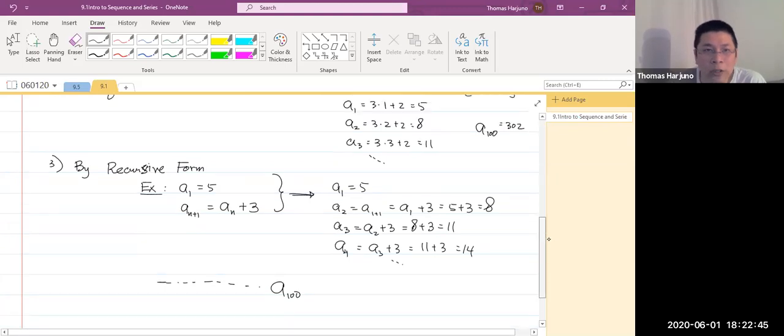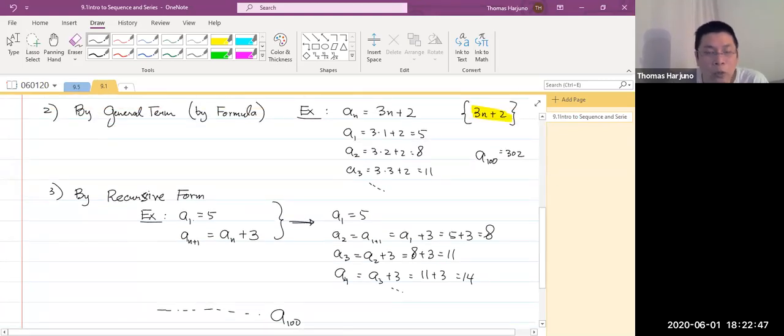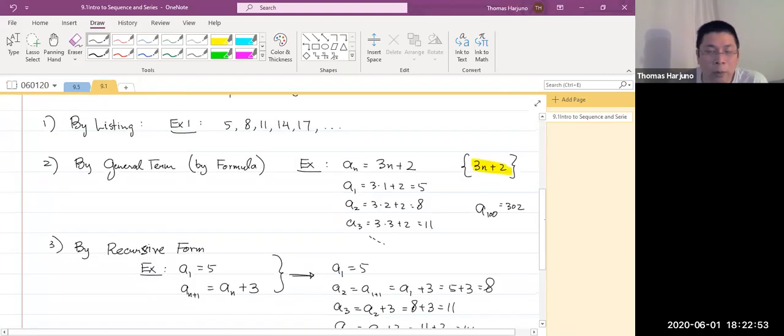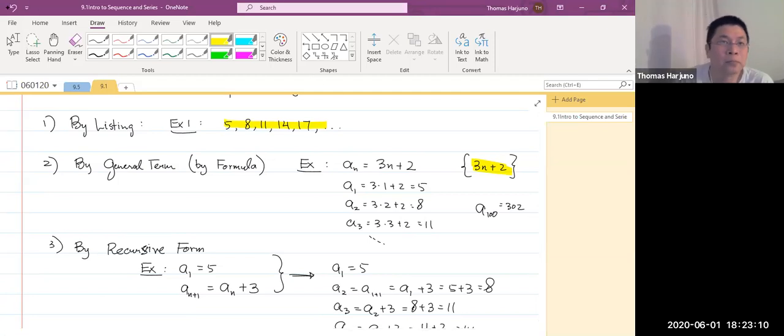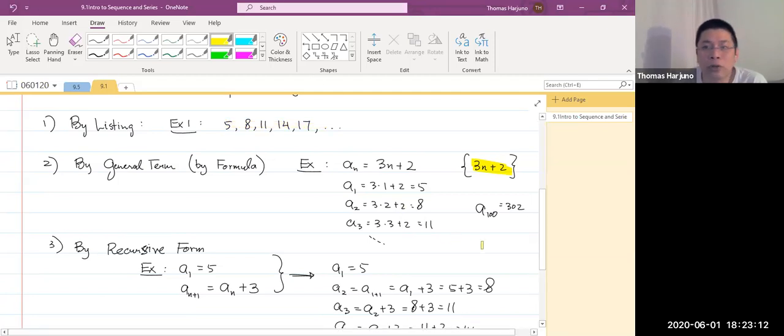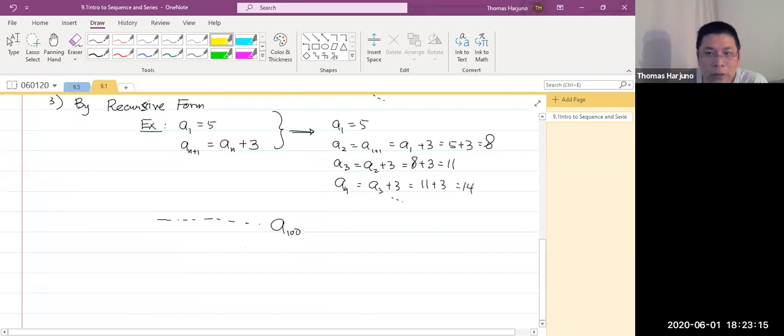So recursive form gives us how we get the current term using the previous term. The general term, or by formula, doesn't tell us the behavior, but it gives us the formula how to get that particular term right away. By listing is basically give us the first couple numbers. Now those are just for notation examples.